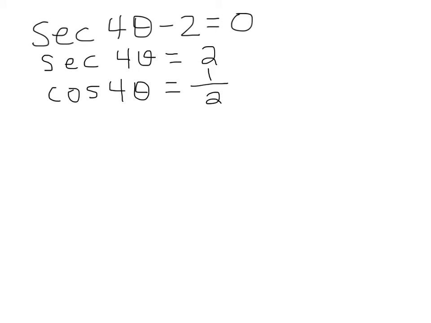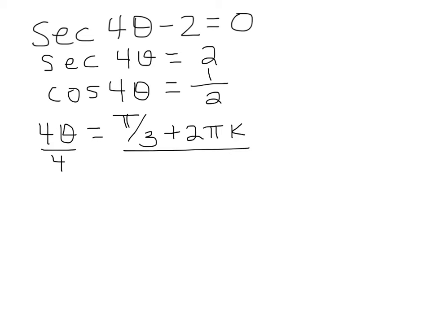So I have a couple of possibilities. 4 theta could be equal to pi thirds, and I want to go ahead and add my 2 pi k, because at this point I need to divide both sides by 4.